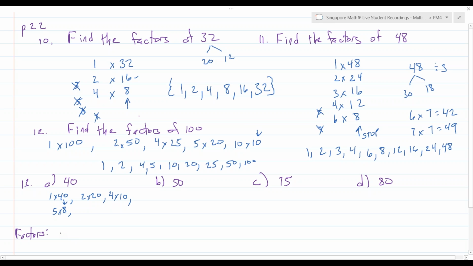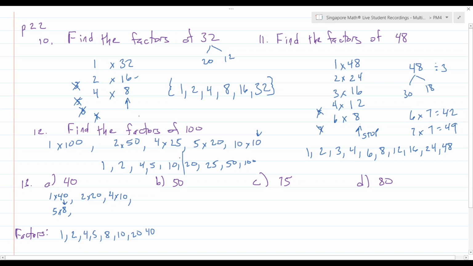So the factors are 1, 2, 4, 5, 8, 10, 20, 40. Those are all of the factors of 40.